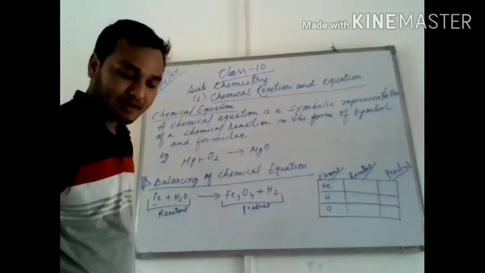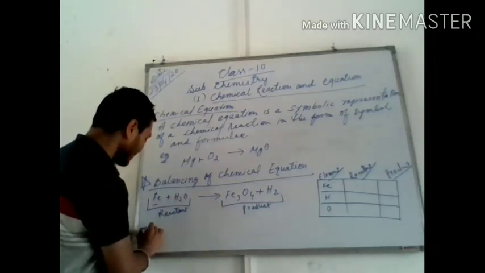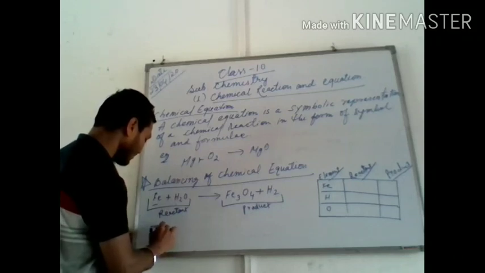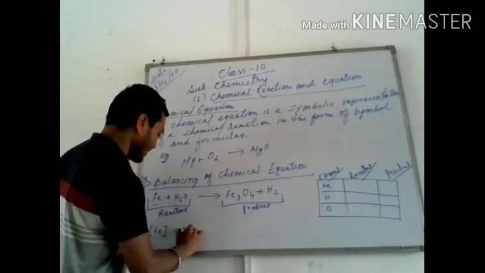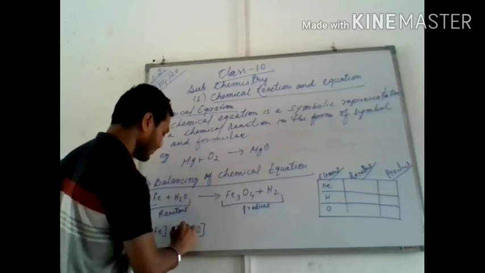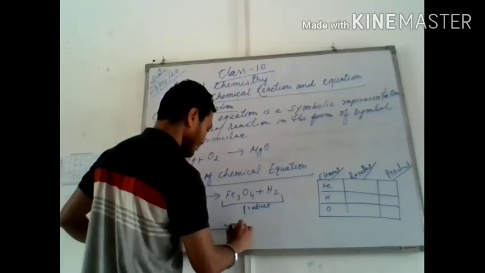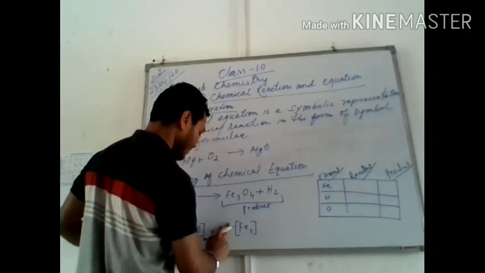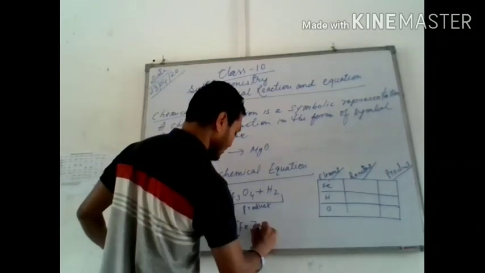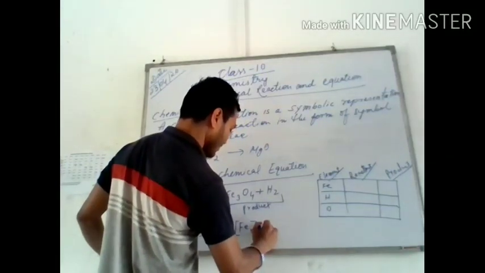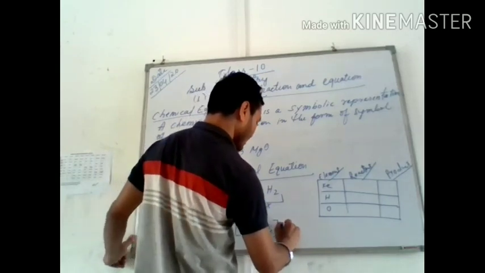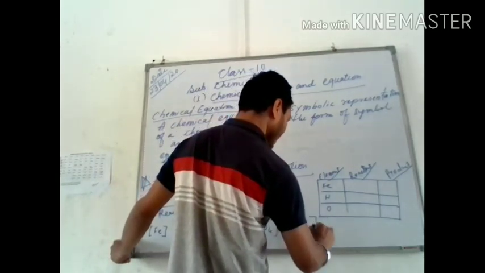Similarly, next for here we have to make the same box in this way. Fe plus H2O, Fe3O4 plus H2.